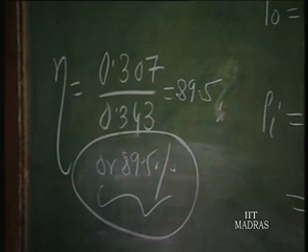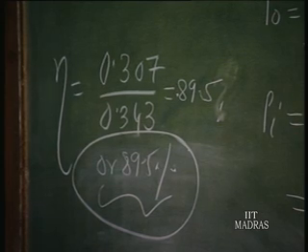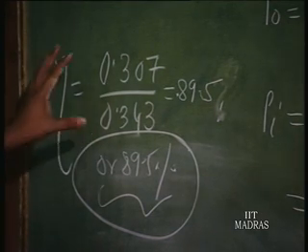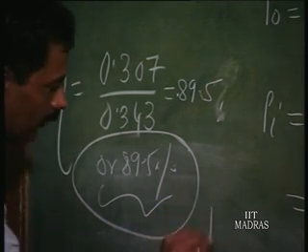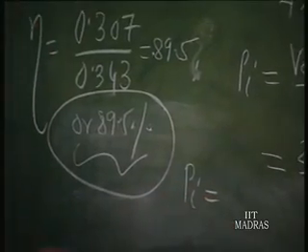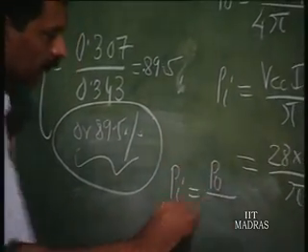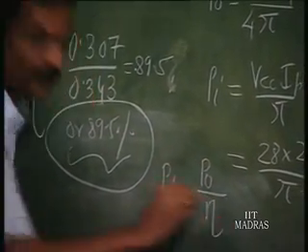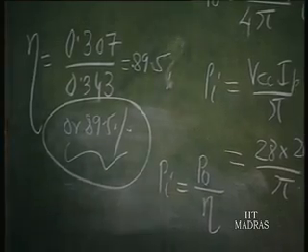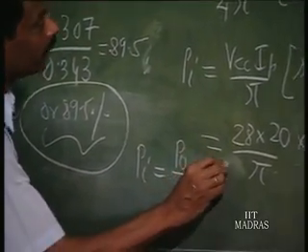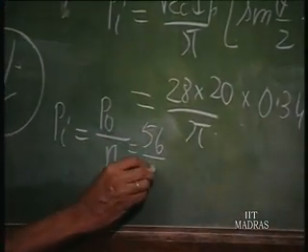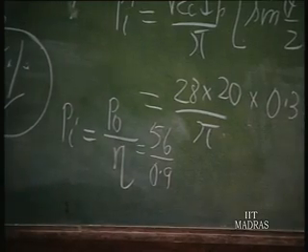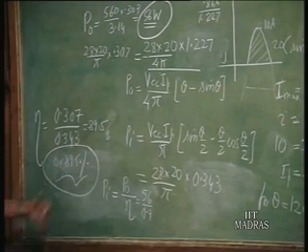wasted in the device. So, once you have this efficiency, the input power is going to be output power divided by the efficiency, right. So, which is very nearly 56 watts divided by 0.9. I am approximating 0.895 as 0.9.